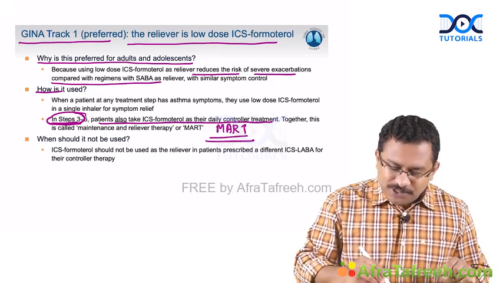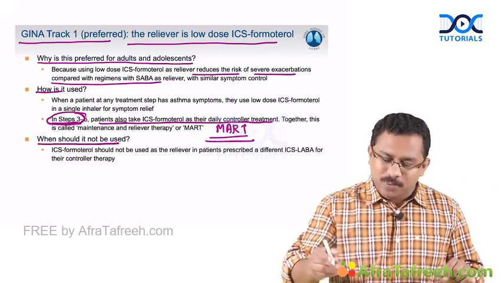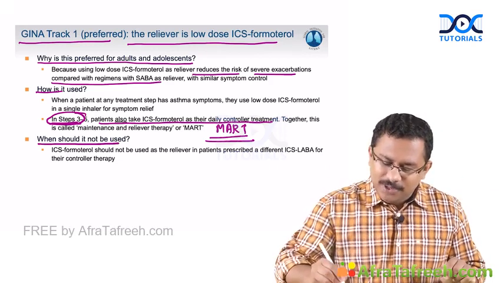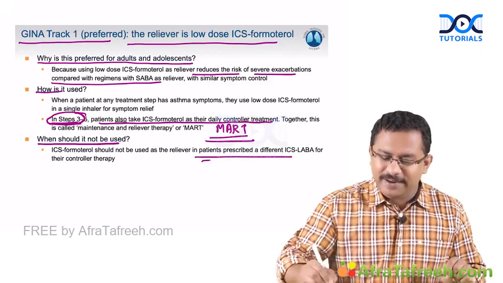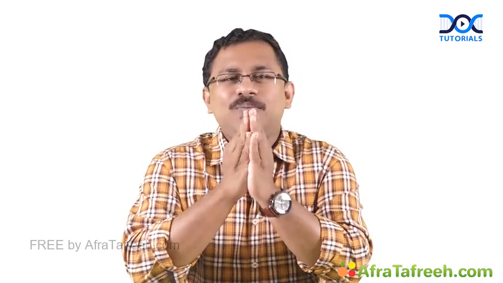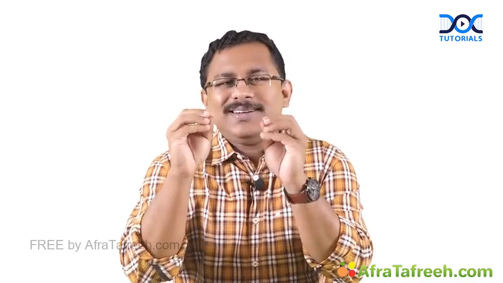So when should it not be used? That is track 1. When the patient prefers a different ICS LABA, because when we discussed track 2, we were using the term ICS LABA rather than formoterol. Patient preferences also have to be given due importance.